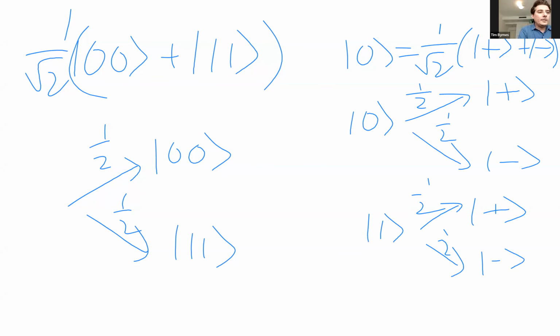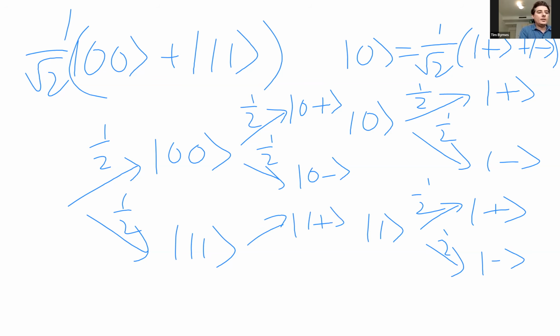So the 4 outcomes you're going to get are: 0 plus and 0 minus, with probability half, and 1 plus and 1 minus, with probability half. So the final probabilities of these 4 outcomes are all a quarter.